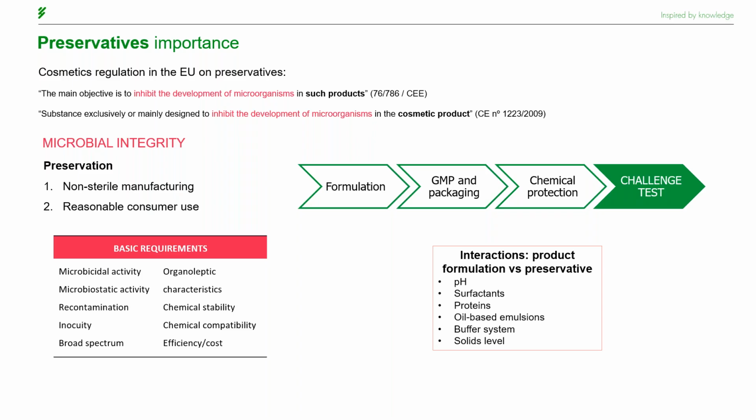The emulsions with oil bases can redistribute the preservative and change the concentration level in the aqueous phase. Also, the buffer system of some formulations can affect the activity of the preservative and inhibit them. Some solids can absorb preservatives, so a higher concentration would be required.